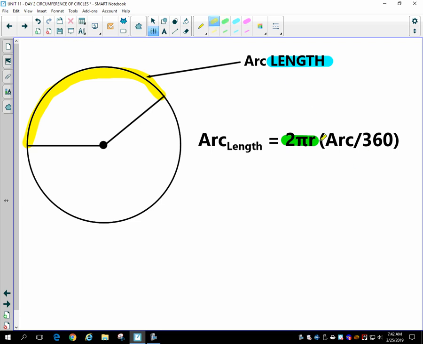This portion, arc divided by 360, tells you what fraction of the circle we're looking at. Are we looking at 25% of it, 10% of it, 9%? Then we multiply that by the circumference, and that'll tell us how long the arc is.